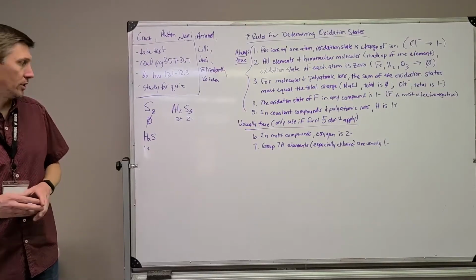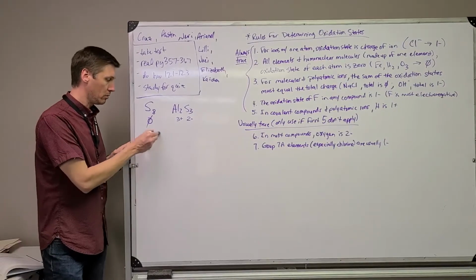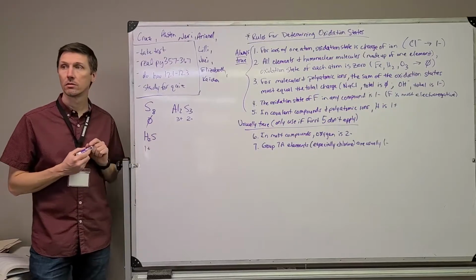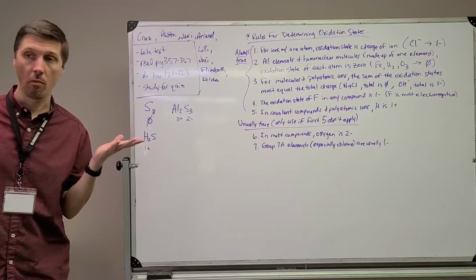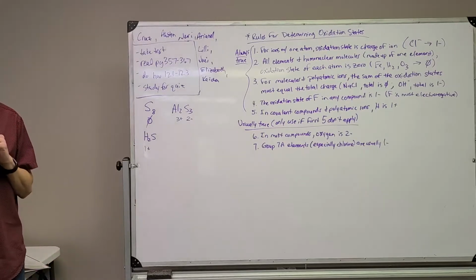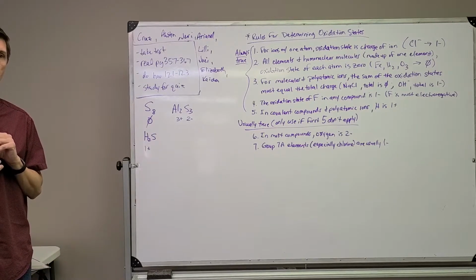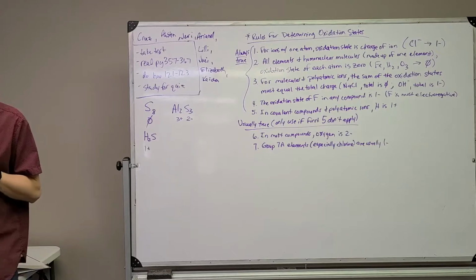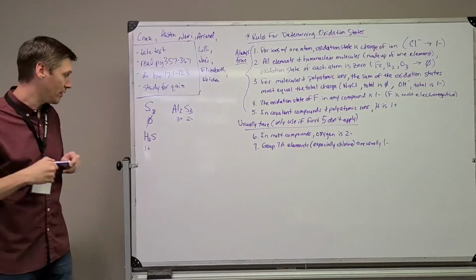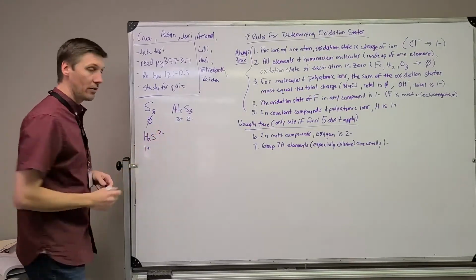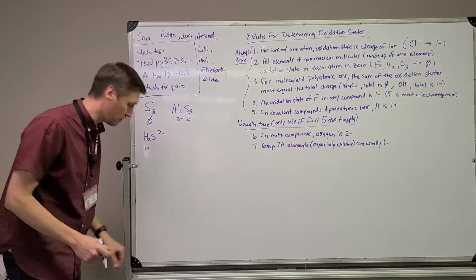Let me ask you this question. What is the overall charge of H2S? Do we know what the overall charge is? Unless it's explicitly given, the overall charge is always 0, right? If I don't write the 2 minus out here after this, it's got an overall charge of 0, right?